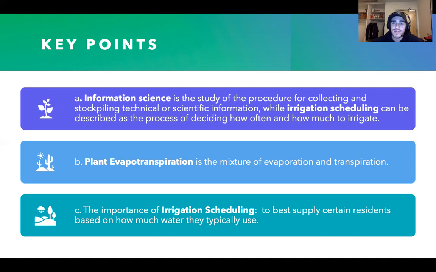And so the main importance of irrigation scheduling is to best supply residents who have crops with the correct amount of water they would need. So you need to schedule out how much water you think they would need daily to keep their plants alive.